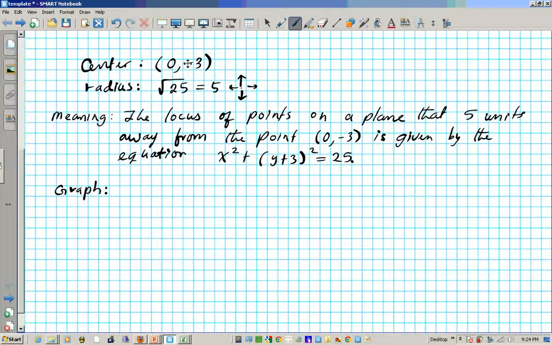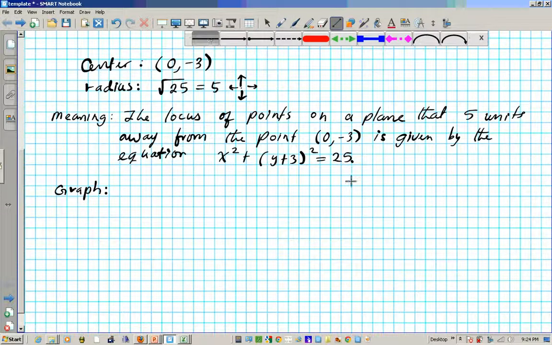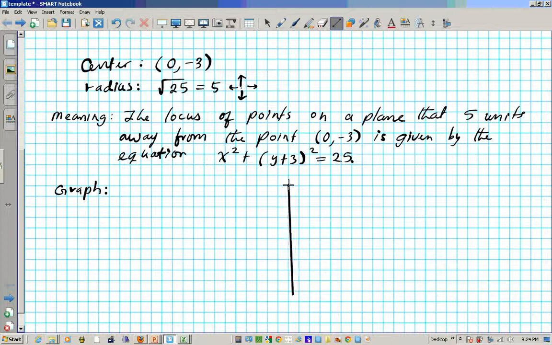Since the point is located on the negative y-axis, we're going to make our negative y-axis a little bit longer, so our x-axis will be somewhat elevated. The center is (0, -3), so from 0 we go down 1, 2, 3, and that will be our center right there.